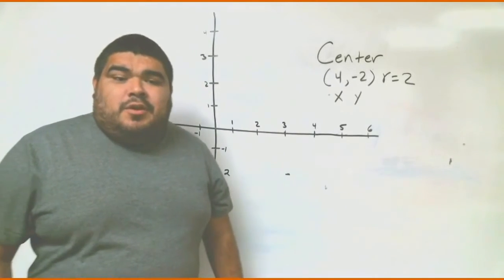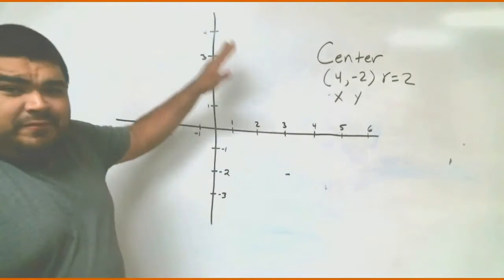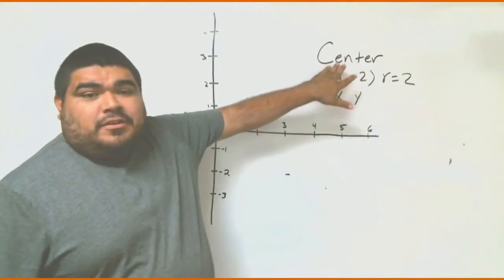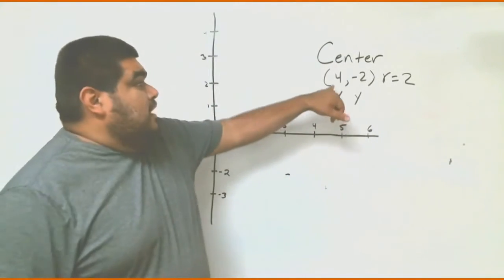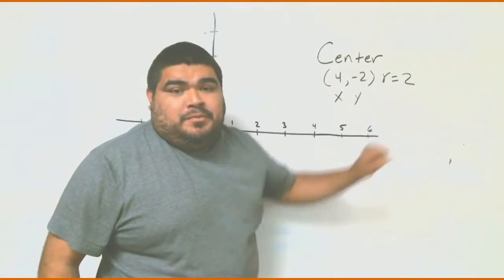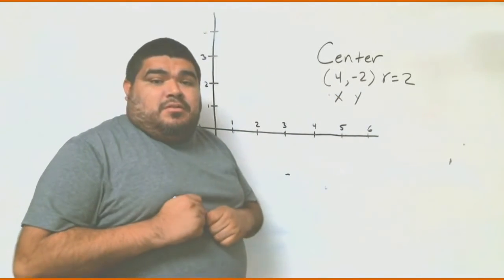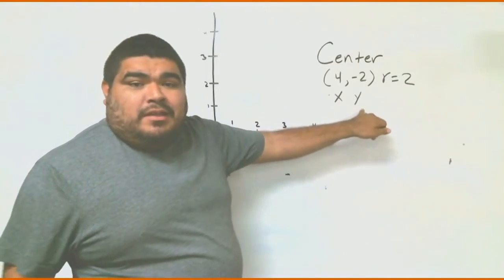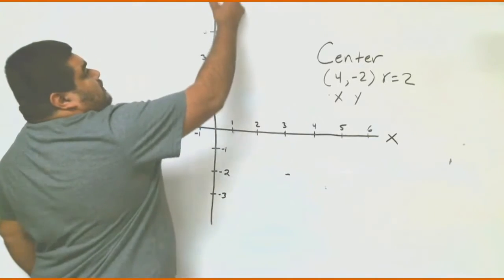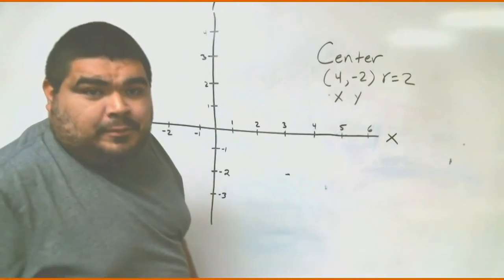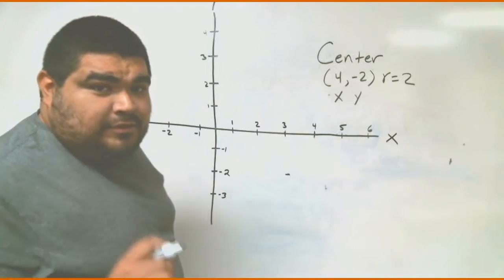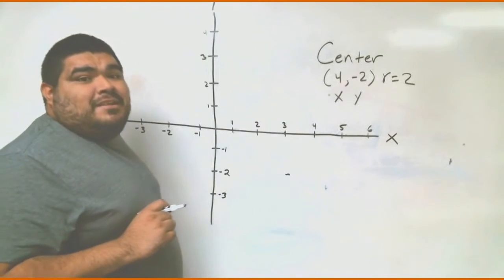All right, guys, so I drew my graph, all right? So, remember, our center of origin or point of origin was at 4, comma, -2 with the radius of 2, okay? So, remember, we have x and y. Remember, your horizontal line is your x, your vertical line is your y, okay? So, let's start off by graphing just our center point, which is at 4, comma, -2.